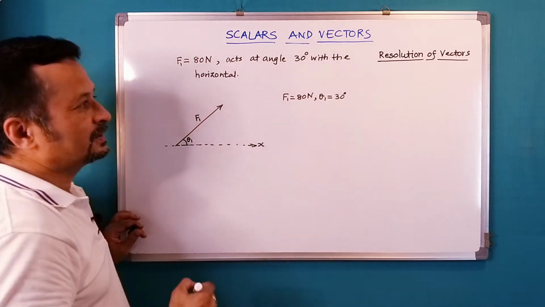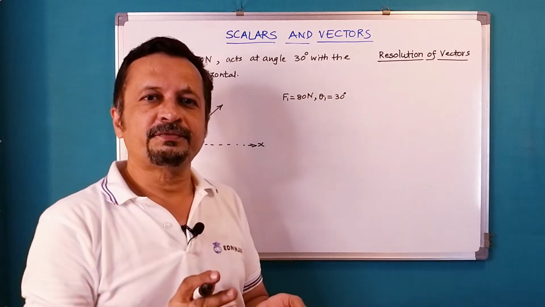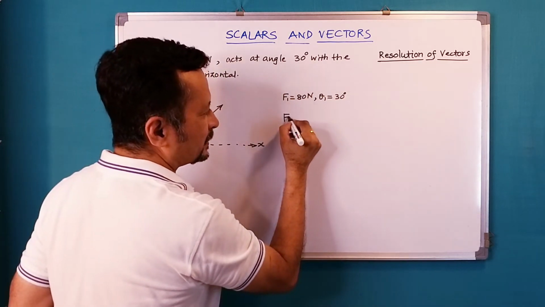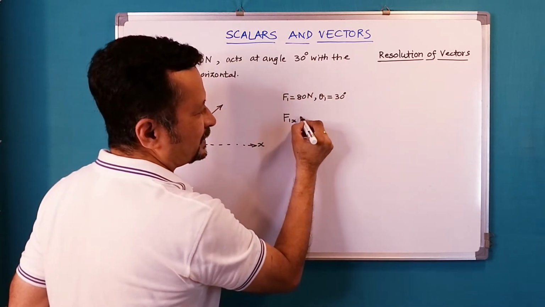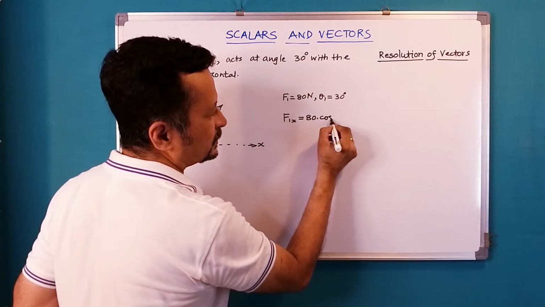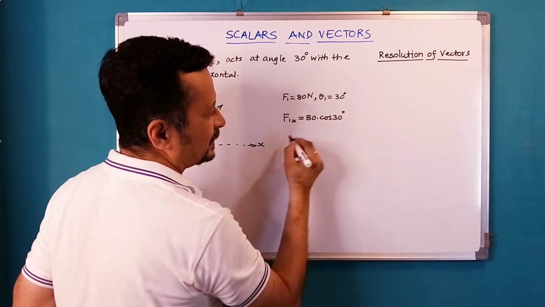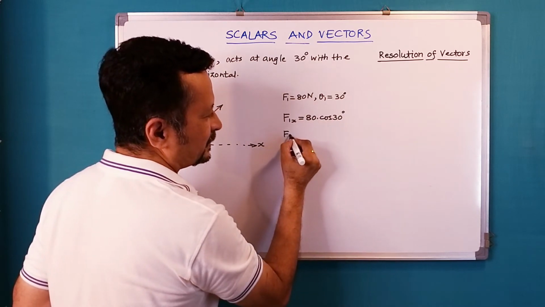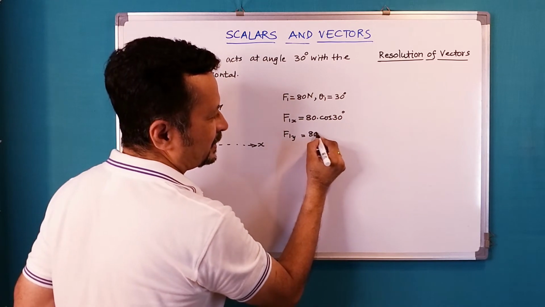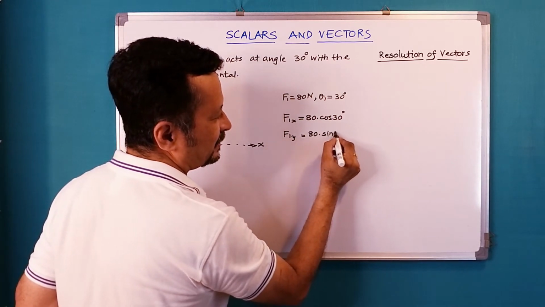So my components of F1 along the x-axis and y-axis: F1 x component is equal to 80 into cos 30 degree, and F1 y component, I would say it is 80 into sine 30 degree.